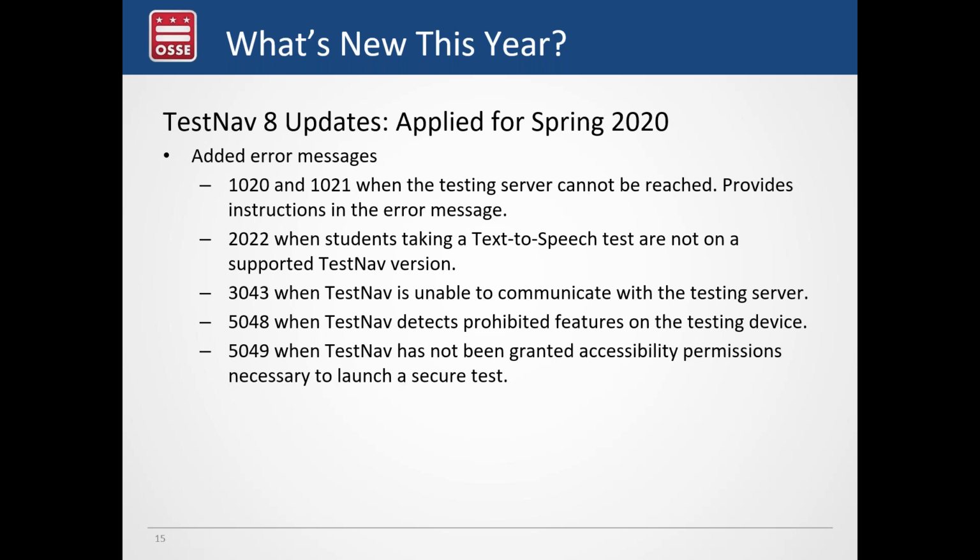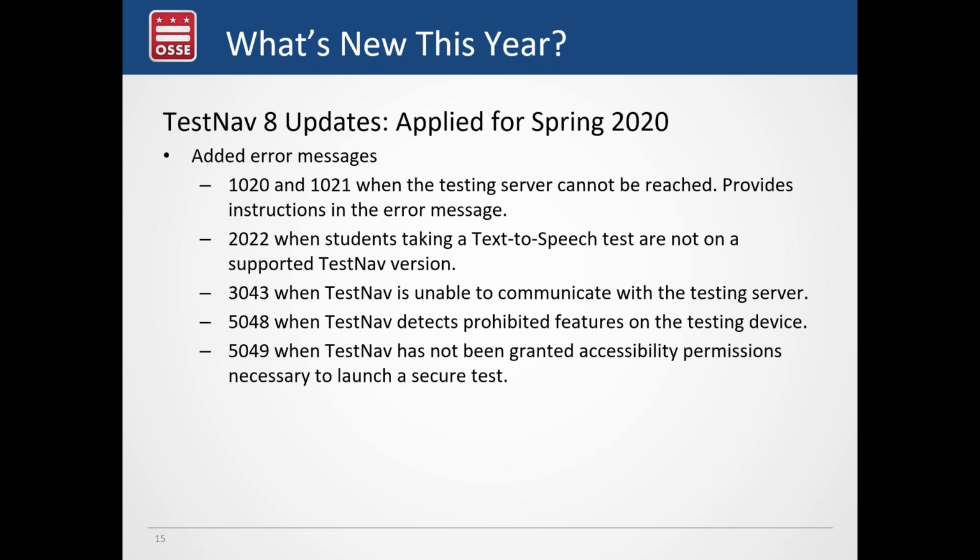Error number 2022 is when a student is taking a text-to-speech test, and they're not on a supported TestNav version. So that's a pretty clear one. The error message will come up, and then you know that, hey, I got to update my TestNav version.